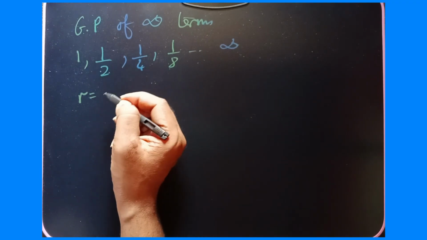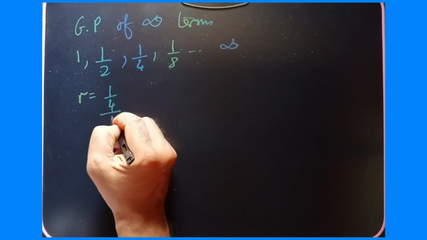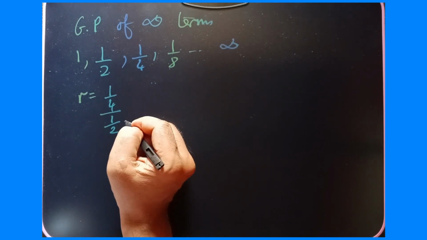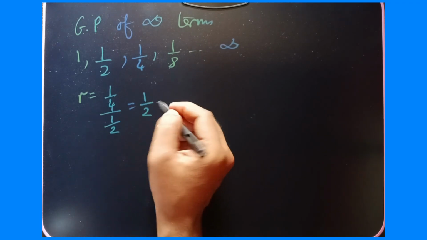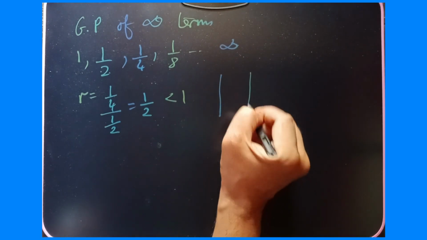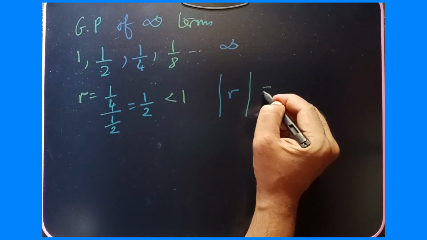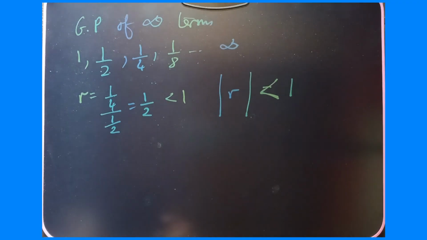So you have 1 by 4 divided by 1 by 2. You will get 1 by 2. 1 by 2 is less than 1. So the common ratio is less than 1 for this particular geometric progression.